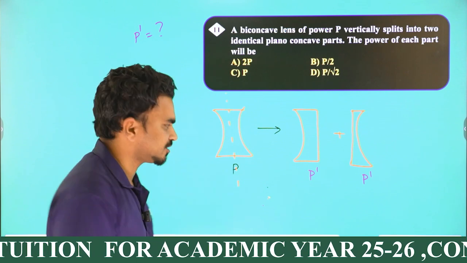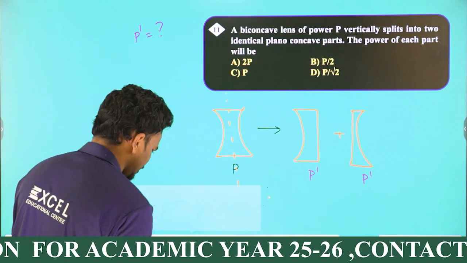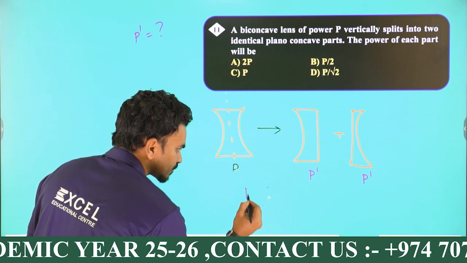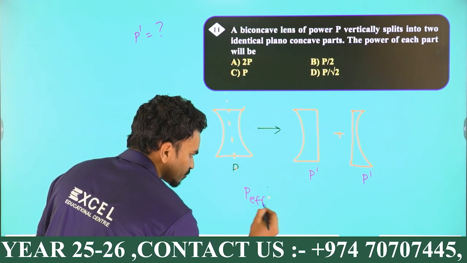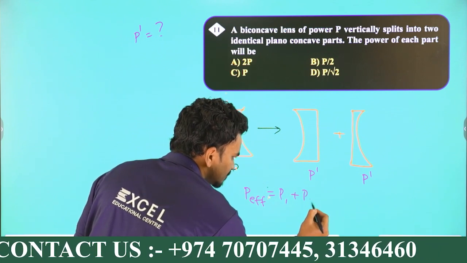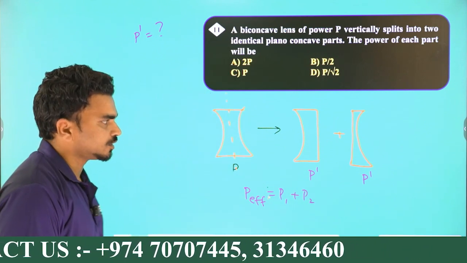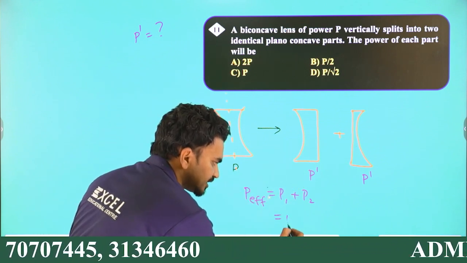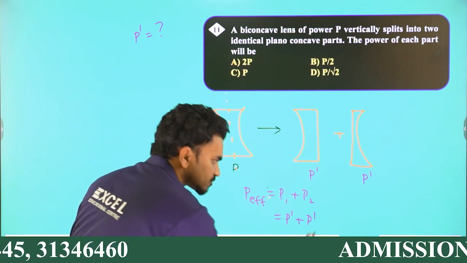What is the power of combination? The effective power, or total power, is equal to P1 plus P2. These are my individual pieces, so the power of one is P dash, and the other one is also P dash.